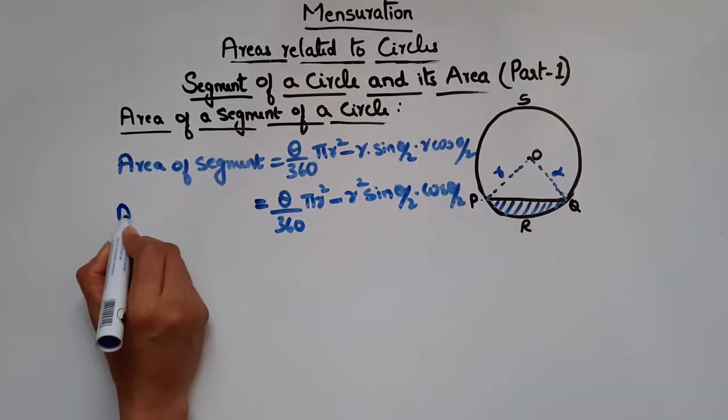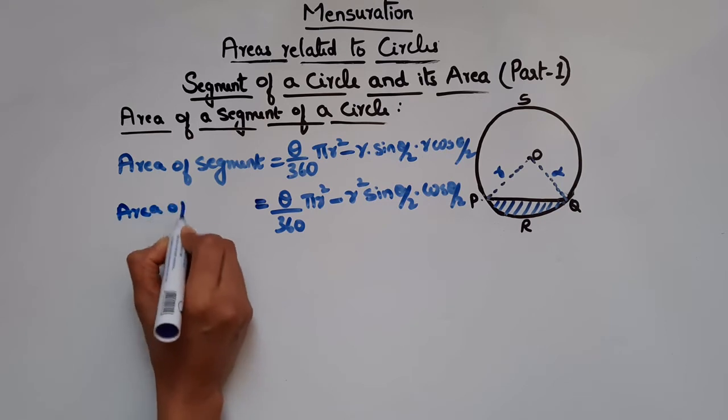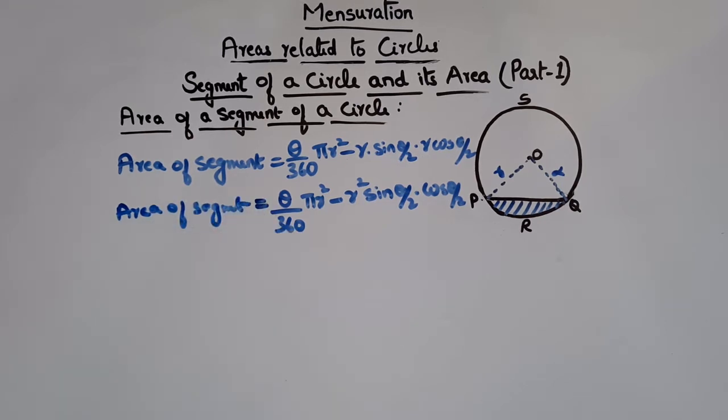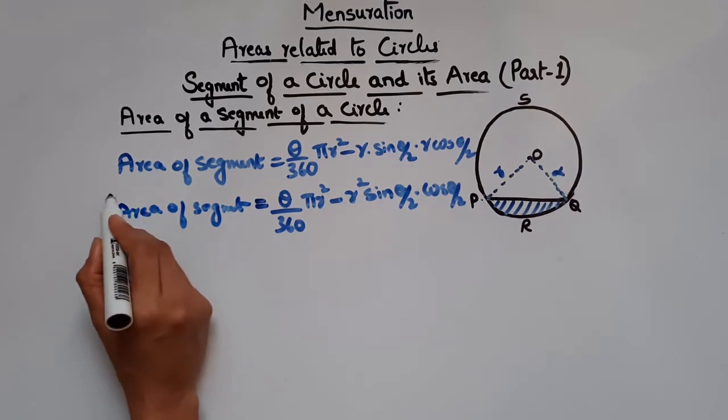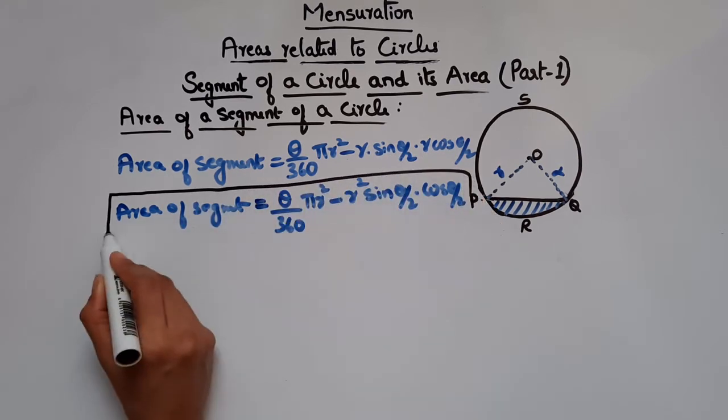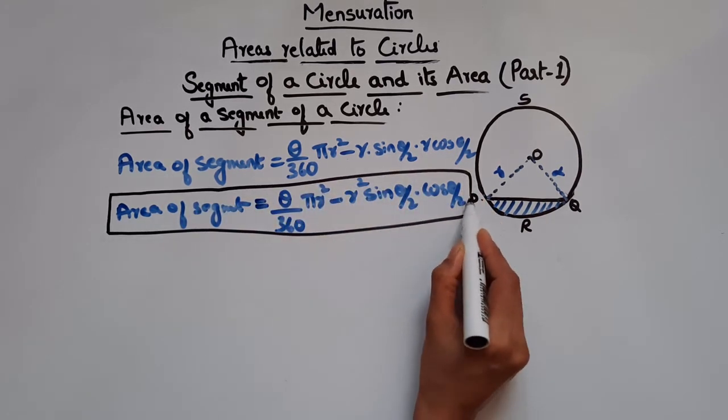So we got the formula, area of the segment of a circle is theta by 360 degree into pi r square minus R square into sine of theta by 2 into cos theta by 2, right?